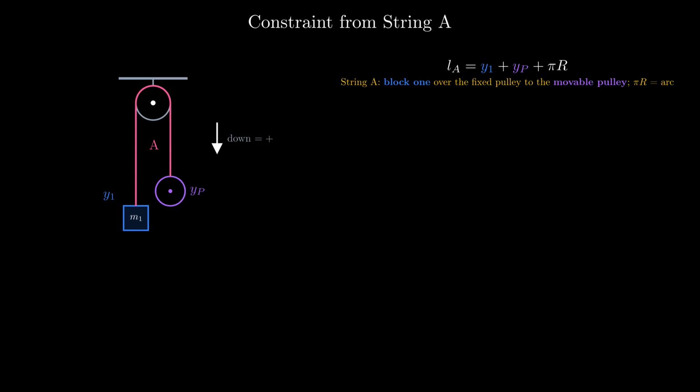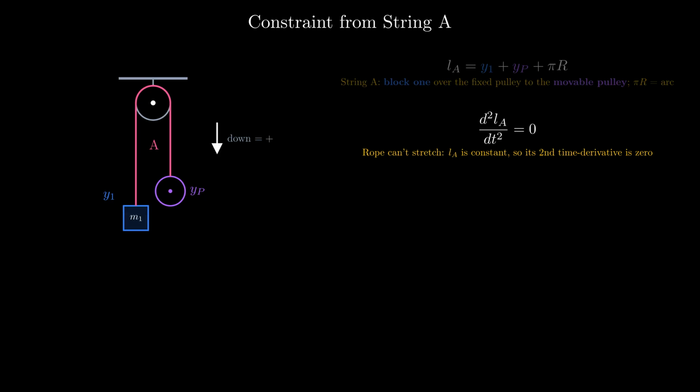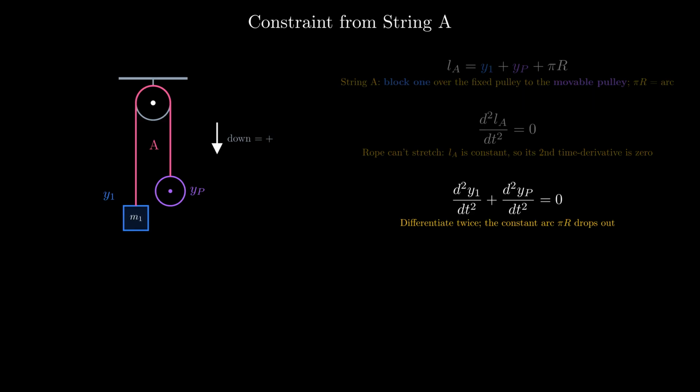The rope cannot stretch, so this length is constant. And the constant has a second time derivative of 0. So take the second time derivative of the whole length. The arc term, pi times r, is fixed, so it drops out. What remains is the second time derivative of y1 plus the second time derivative of y sub p equals 0.